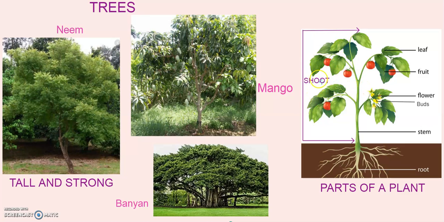Which parts does a shoot have? Yes, a shoot bears stem, buds, flowers, fruits and leaves. And in the underground part of the plant, you find roots. What is the function of the root? Yes, the root fixes the plant to the soil.